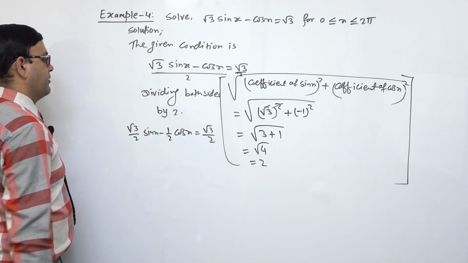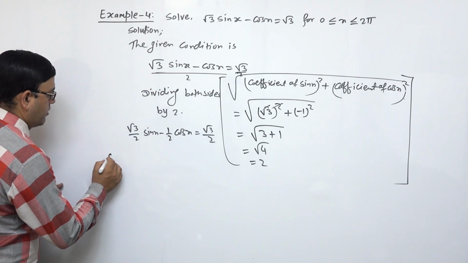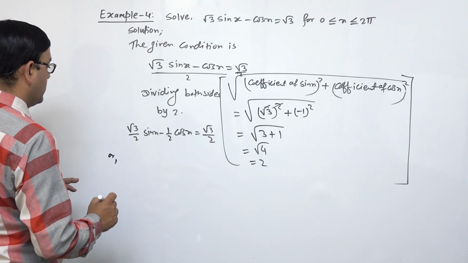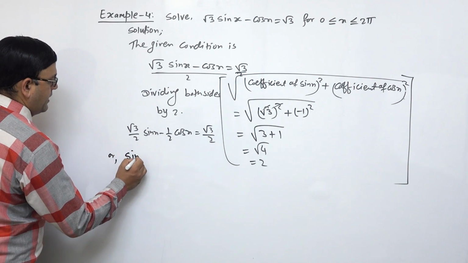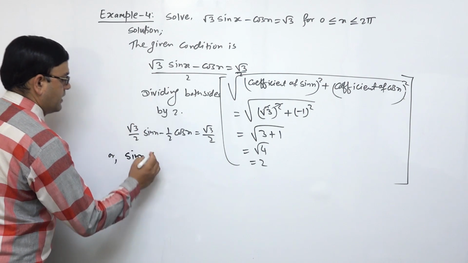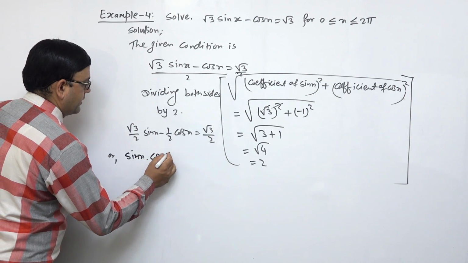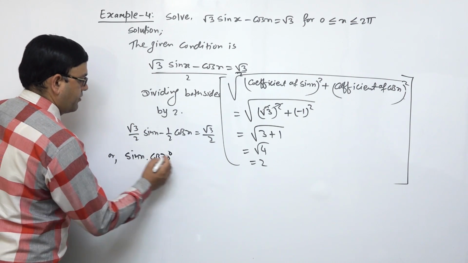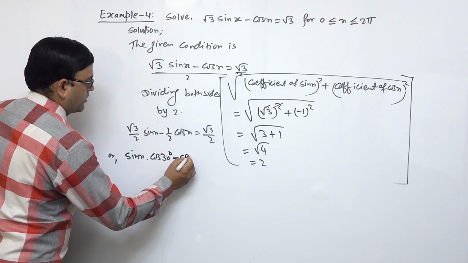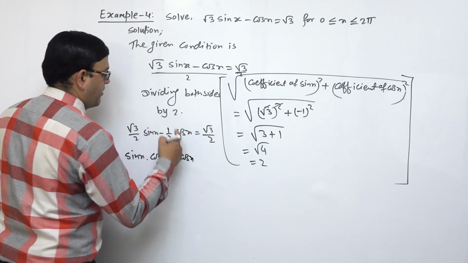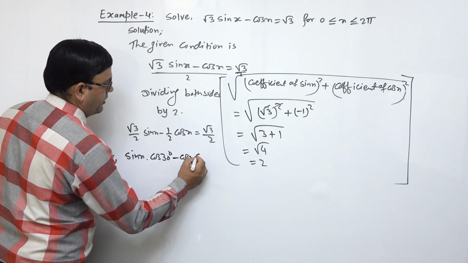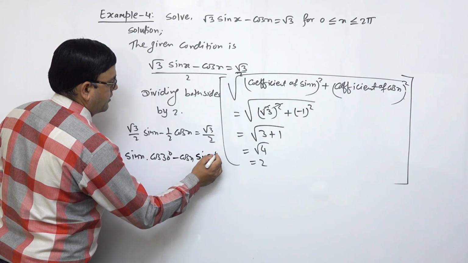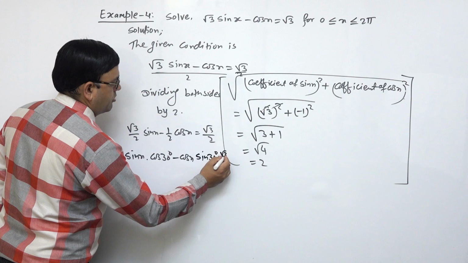So we can write sin x times root 3 by 2, which is cos 30 degrees, minus cos x times 1 by 2, which is sin 30 degrees, is equal to root 3 by 2.